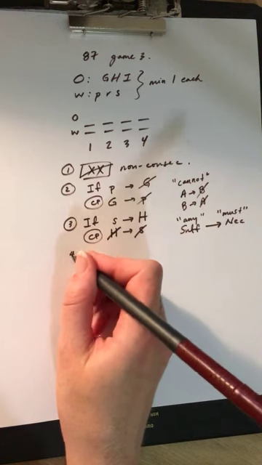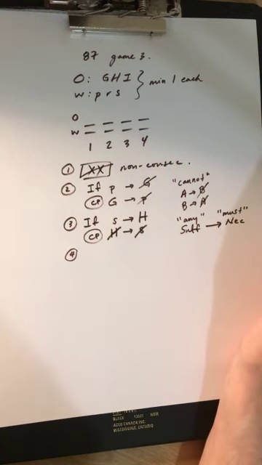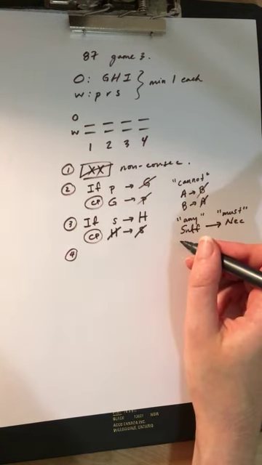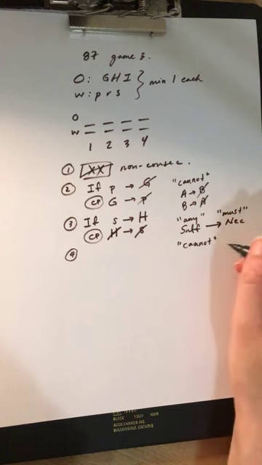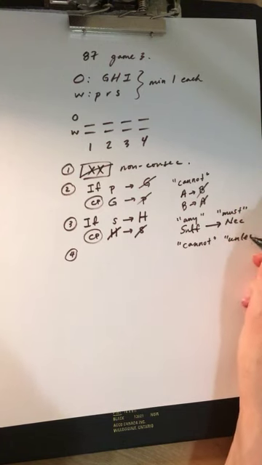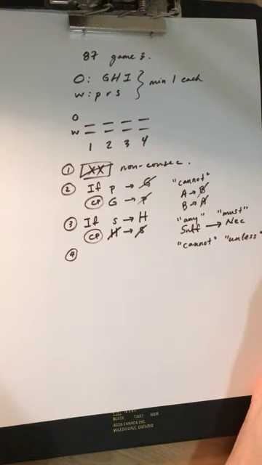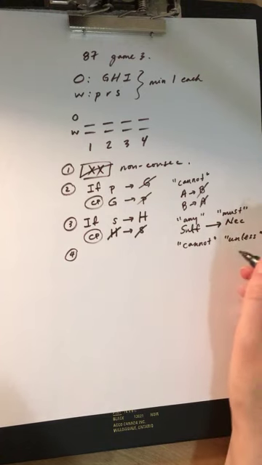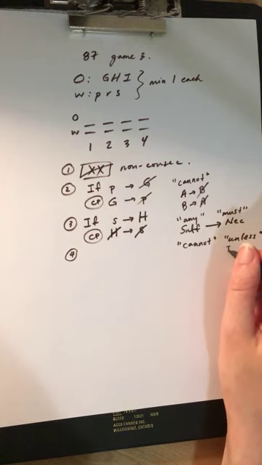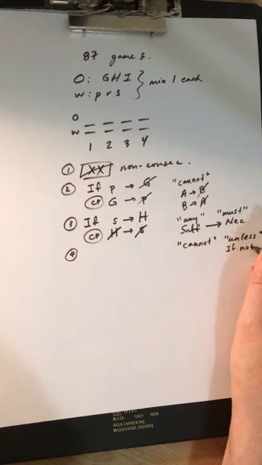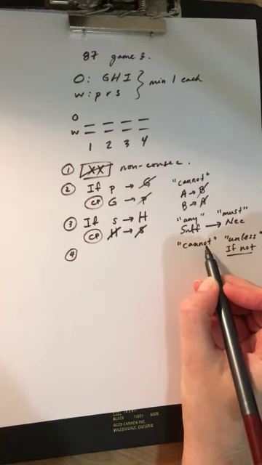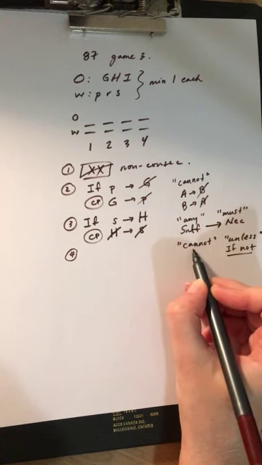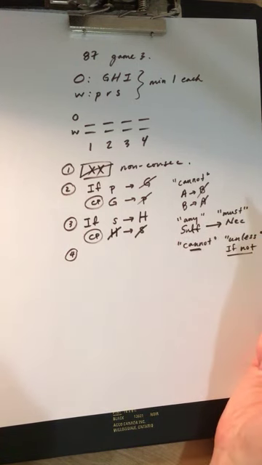Rule 4. The conditional indicator words here are cannot and unless. Unless, we can just translate directly to if not, and cannot means that we need to negate something here.